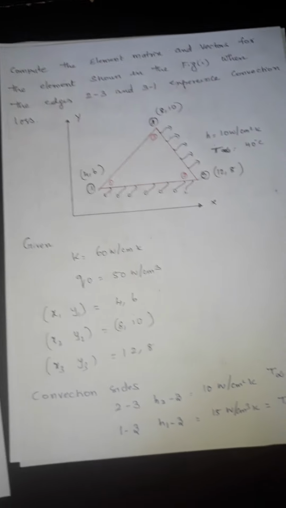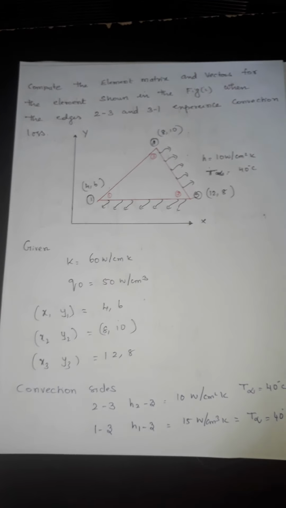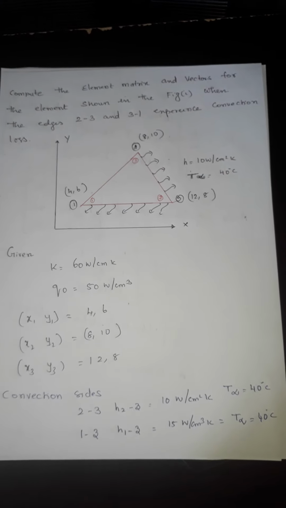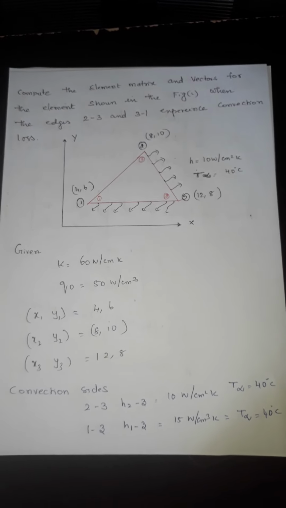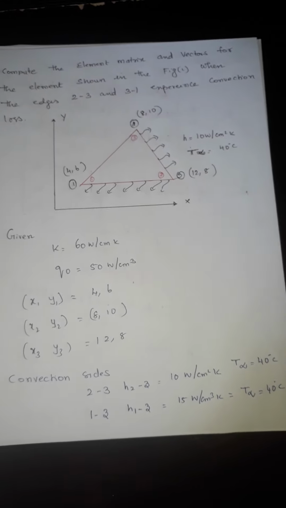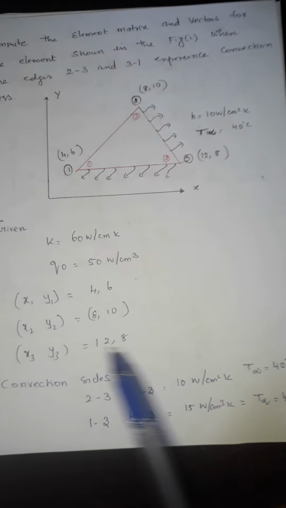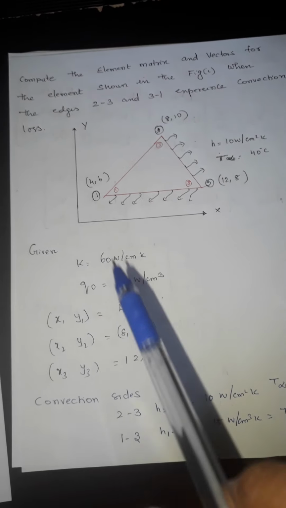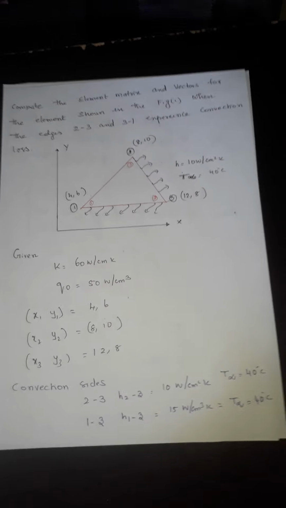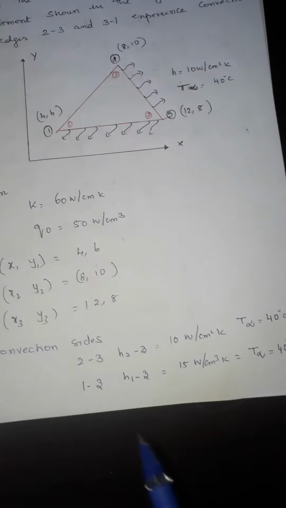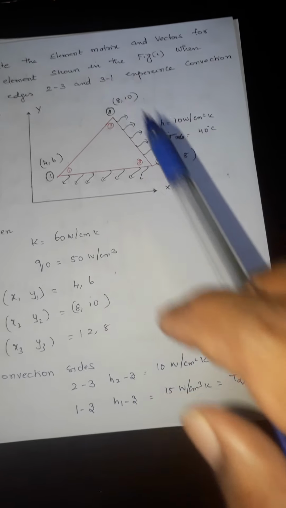So what we have to do is find out the conduction matrix and the convection matrix. K is given, H is given, Q naught is given, T infinity is given, everything is given. Even the coordinates are given. Here the nodes are 1, 2, 3. So let's start by finding what the convection is on this side and on this side.